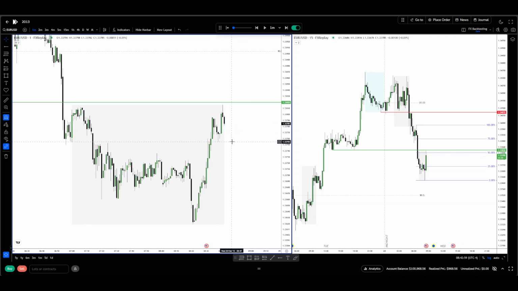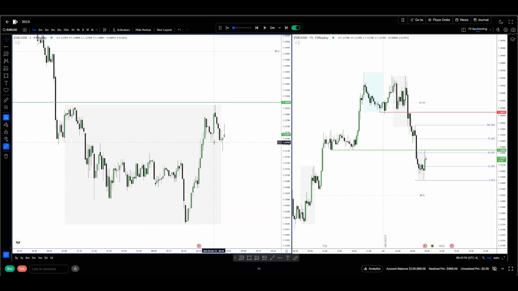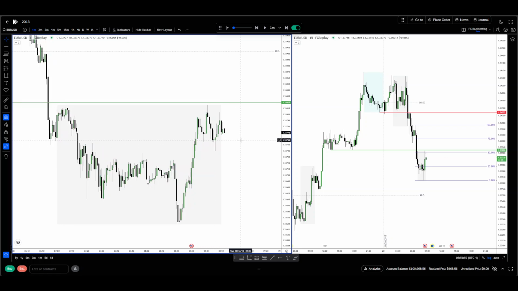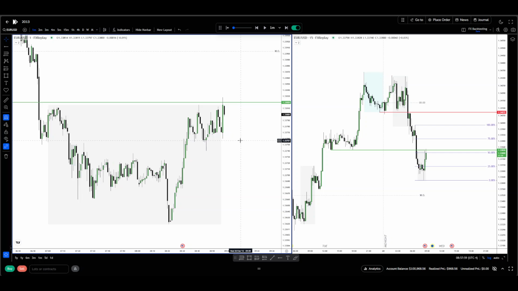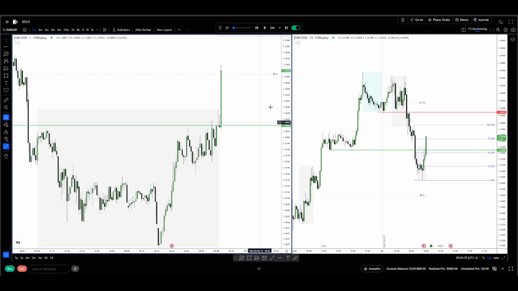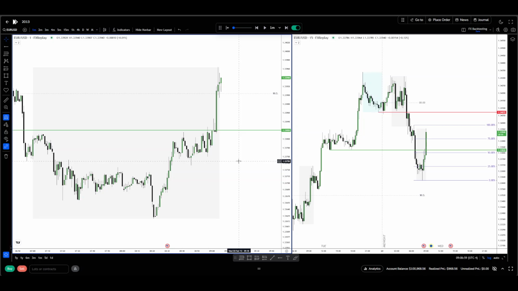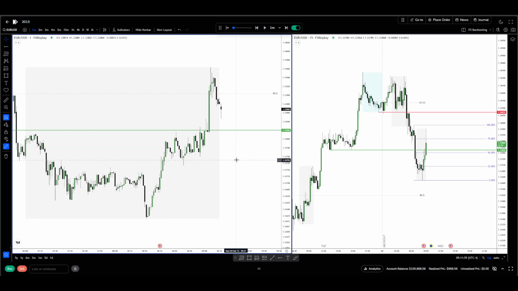So if you have a strong break below this low, okay, going up deeper. We are trading into this order block.